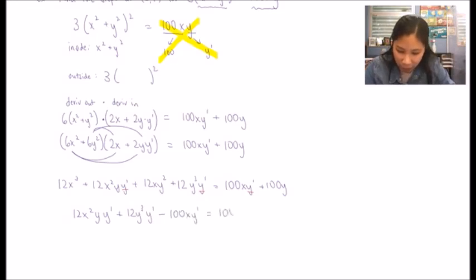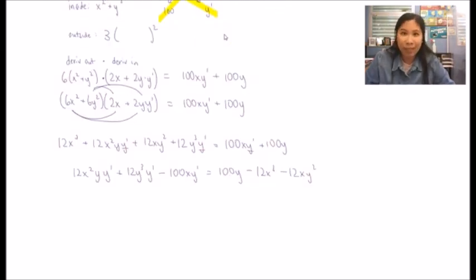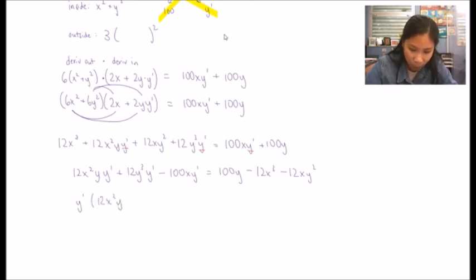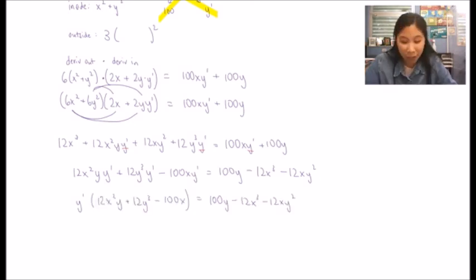And then on the other side, I have the 100y. I'm going to subtract the 12x cubed and subtract the 12xy squared. Okay. Then I want to get the y prime factored out. So then finally, I can divide both sides by the stuff in parentheses to get y prime by itself.